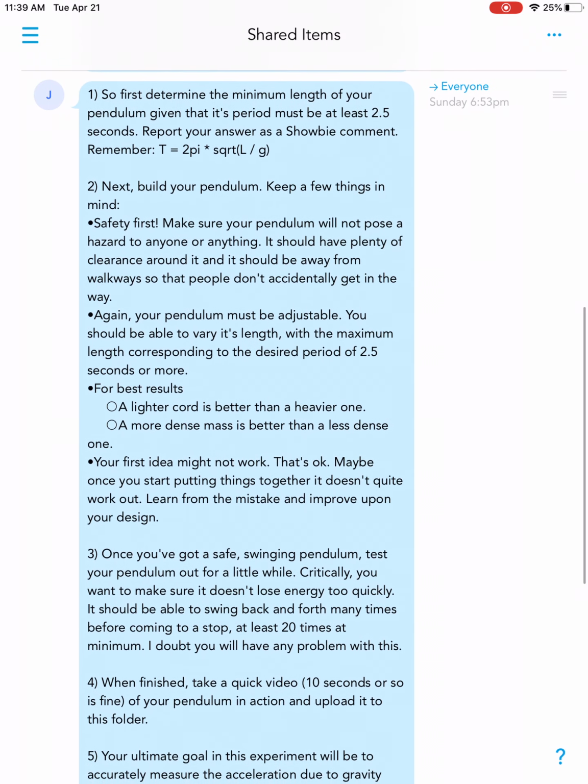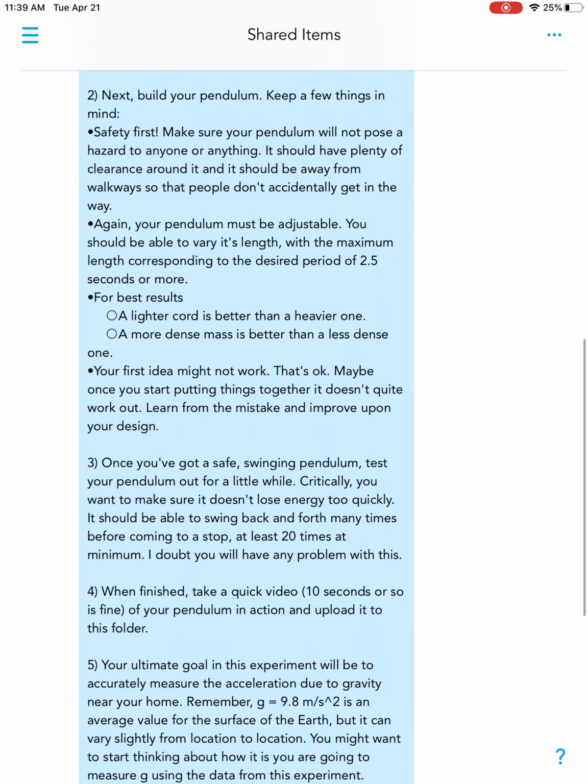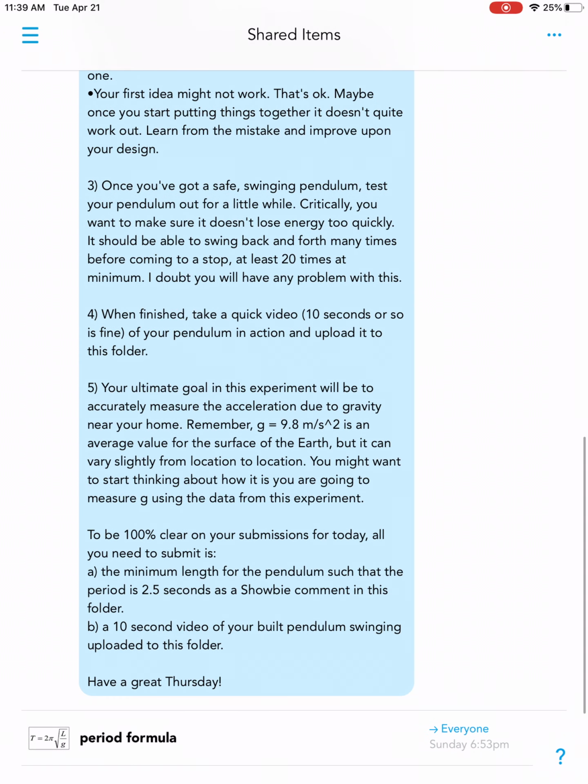This part of the assignment encouraged you to build your pendulum and to do so safely, and it gave you a few tips on how to make a pendulum that's going to be good for the experiment. I'm not going to read it to you; I assume you can do that on your own. With that said, if you look at the bottom here, it says to be 100% clear, for today, all you need to submit is the minimum length of the pendulum such that the period is 2.5 seconds.